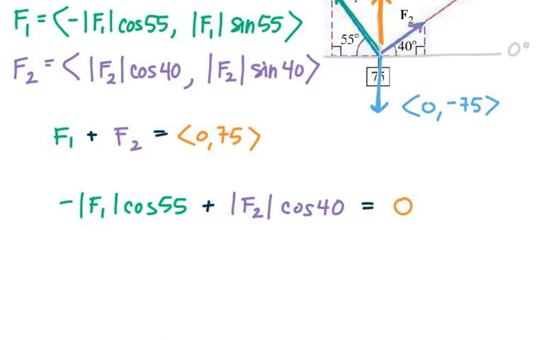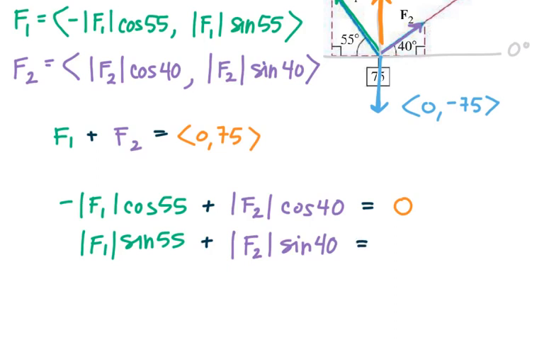And then similarly with the y, so we'd have the magnitude of force 1, sine of 55, plus magnitude of force 2, sine of 40, and those would equal 75. At this point, we just need to solve a system of equations for my two variables, force 1 and force 2. You could think of them as being an x and a y, and these are just my coefficients.